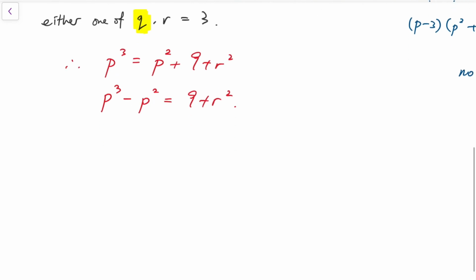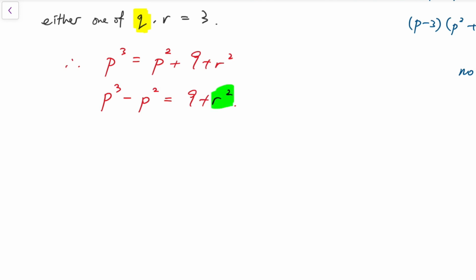Next, I'm going to consider mod 4, because when taking mod 4, squares behave in a similar way. They are also either congruent to 0 or 1 mod 4. Unless we have r equal to 2, or else r squared would also be congruent to 1 mod 4.